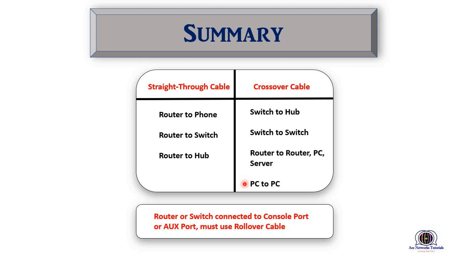Whereas, when you connect two different devices, that is, MDI and MDIX, you need a straight-through cable. Examples are router to phone, router to switch, router to hub. And if you connect a PC to the console and auxiliary ports of the router or a switch, you will have to use a rollover cable. I hope it makes sense to you.